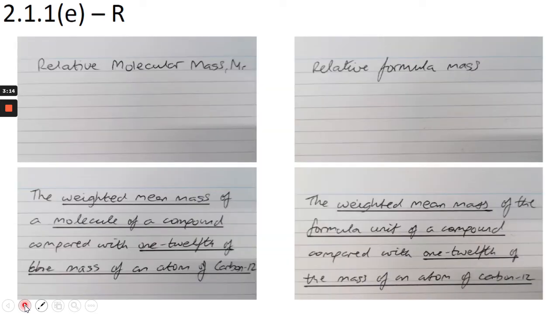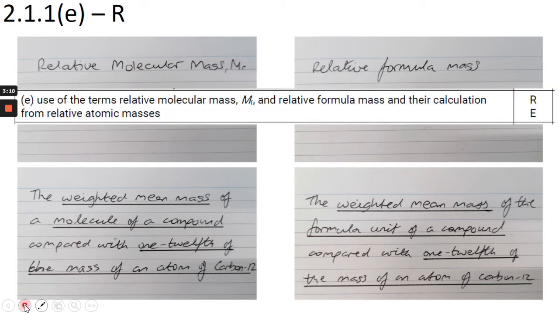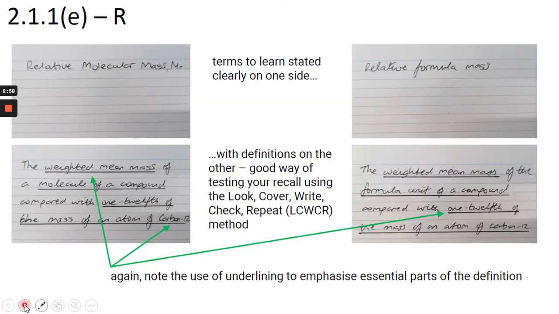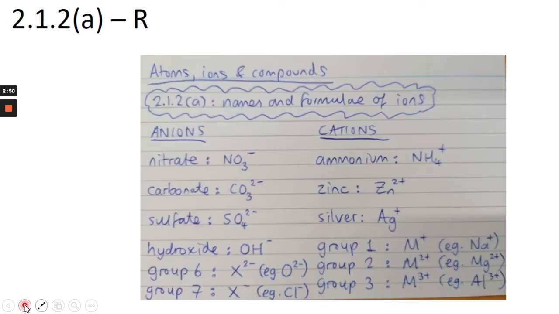These are examples of good definitions, because they've gone straight to the learning outcome and used the textbook, the glossary at the back of the textbook, to complete the definition on one side and the title on the other. So the term to learn is written on one side, and the definition with the keywords underlined is on the other.